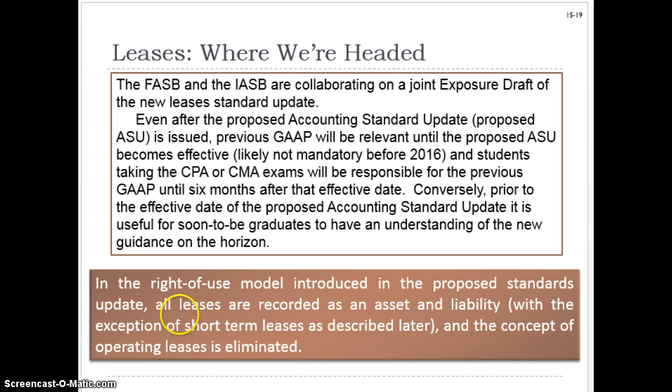The IASB actually wants all leases to be recorded as the asset and the liability, unless it's a short-term lease, and operating leases being altogether eliminated. This is something that is still being worked out, all the details, and hopefully when we finally leave GAAP 100% in the past and we adopt the IASB standards, this will be ironed out a little bit more clearly. But this is one of the areas that they do differ.